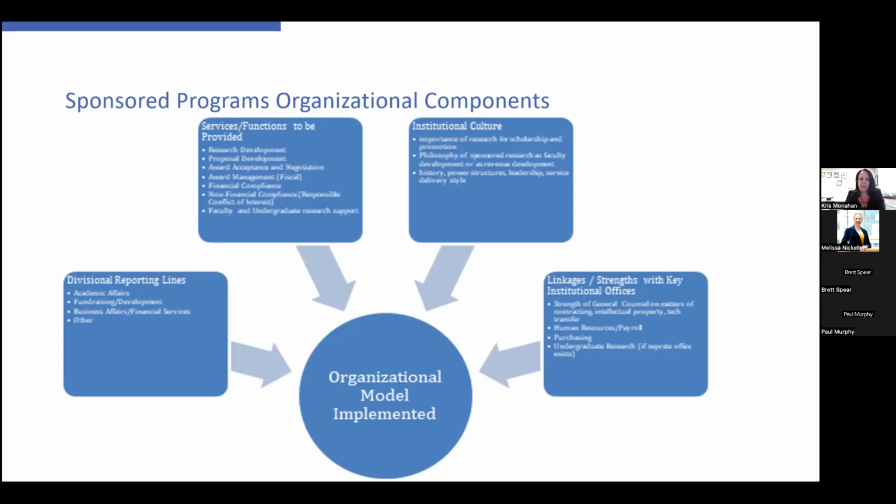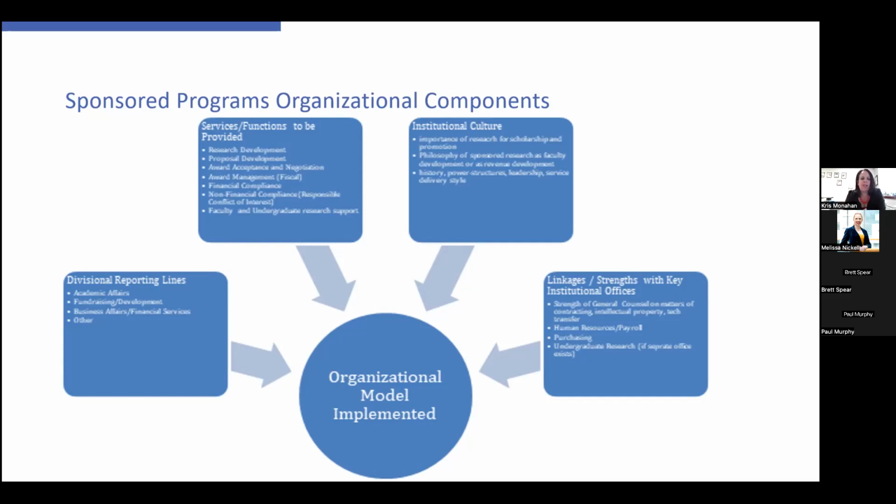As you start developing something and you start getting feedback from stakeholders and start seeing what's working and assess your metrics, things are going to shift and change. And what you might set out as your original organizational structure should evolve, grow, and change over periods of time to match what the needs of the institution are.